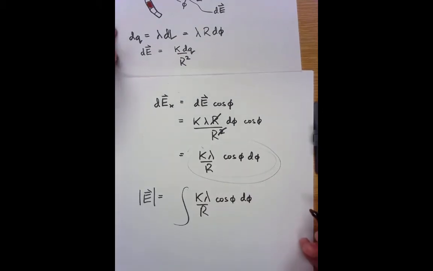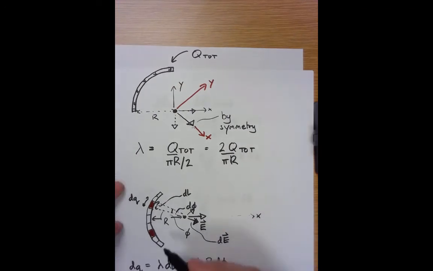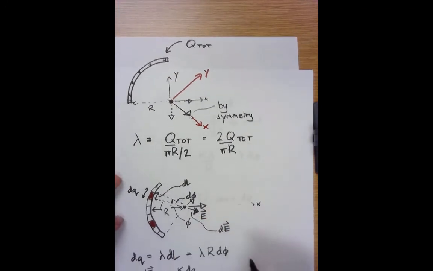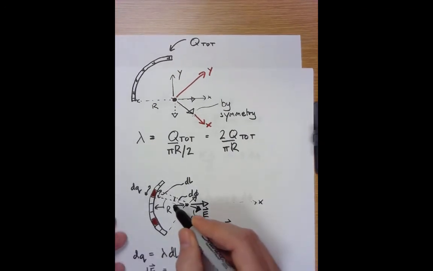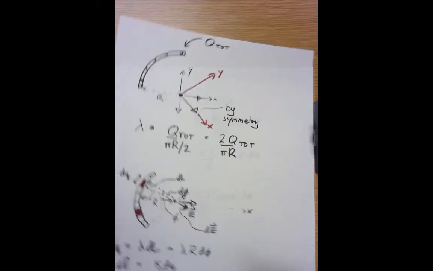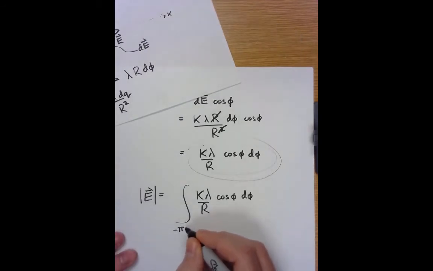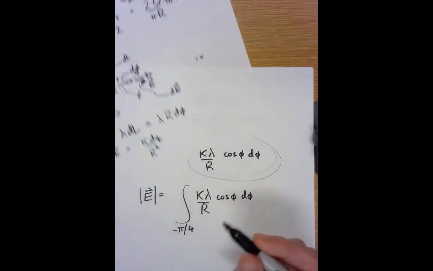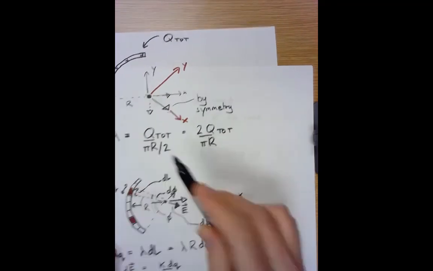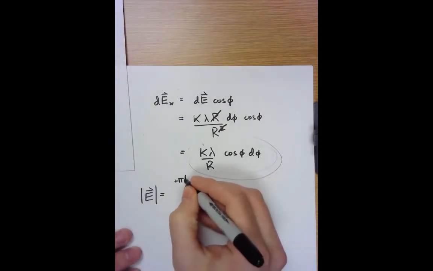The integral goes from phi down here, which is 45 degrees, minus pi divided by 4, up to plus 45 degrees, which is plus pi divided by 4.